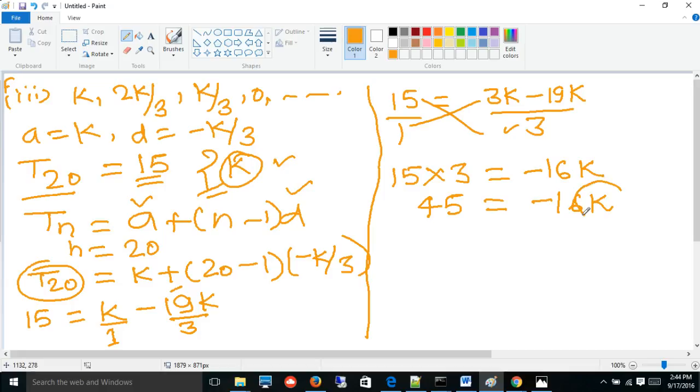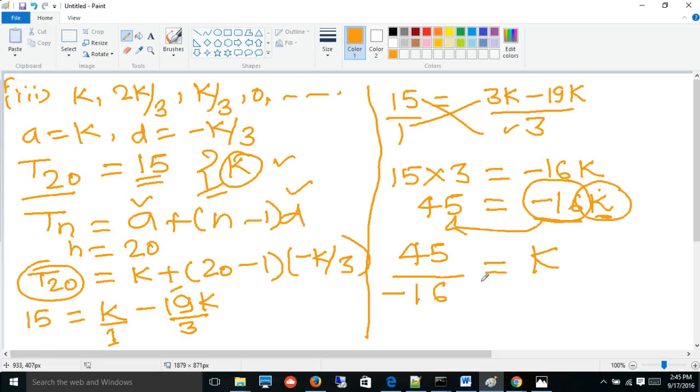Now you have to calculate the value of k. So just keep k here and move whatever else is there to this side. The minus 16 is multiplication, so if you transfer it to the other side, it will come as a division. So it will come as 45 divided by minus 16, and only k is left here.